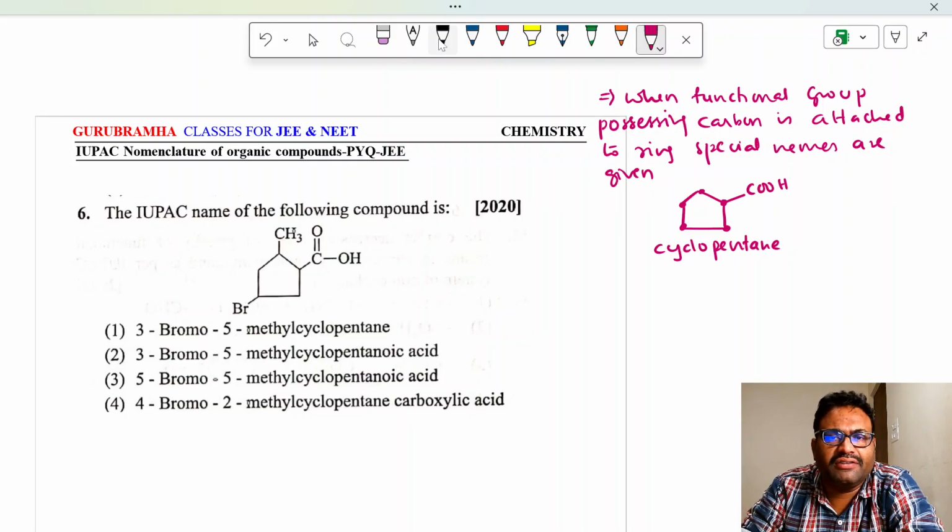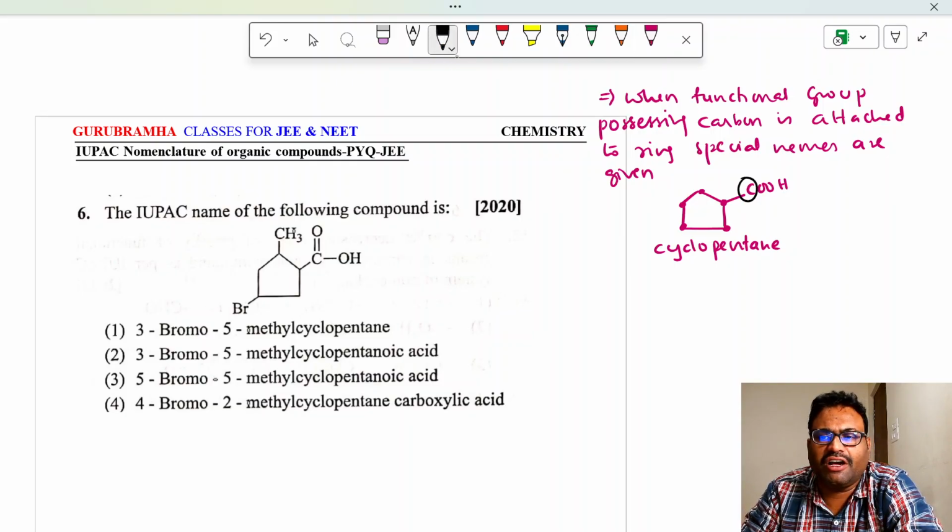The carbon which is present in the carboxylic acid group is not coming under this parent chain. The parent chain is containing only 5 carbon atoms, pent. So simply I cannot use oic acid. I have to use a special name, the complete word carboxylic acid.